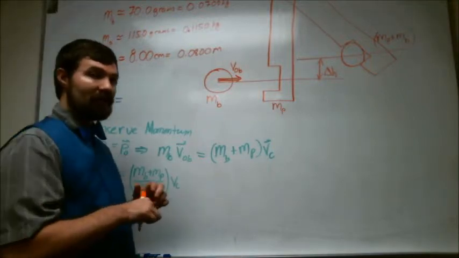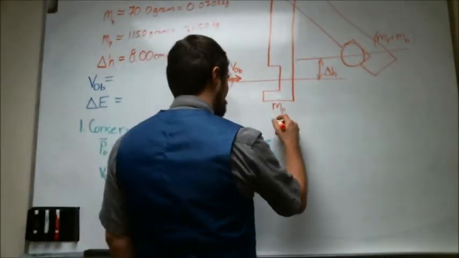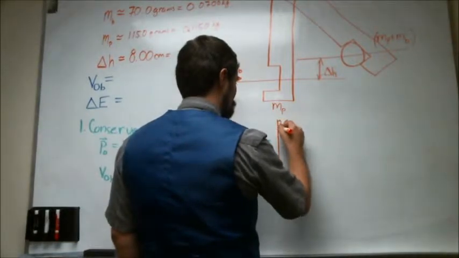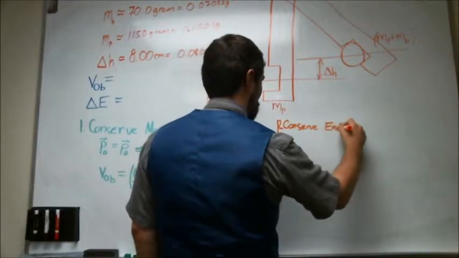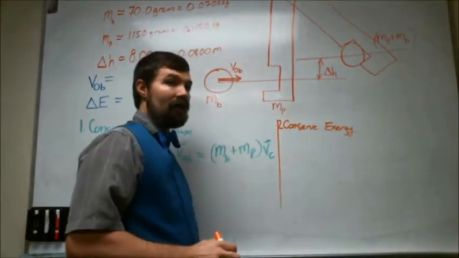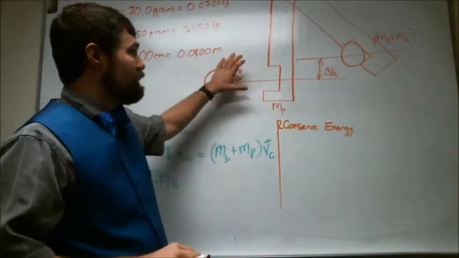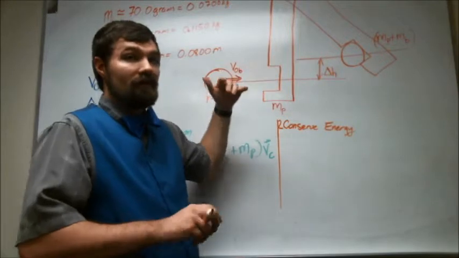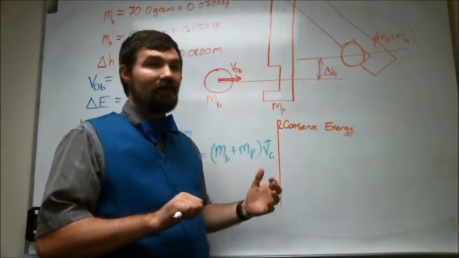The second thing that I need to use is conservation of energy. The energy of the system before the collision we ignore, because energy is not conserved in the collision itself.